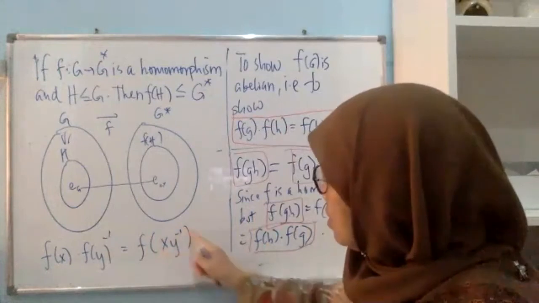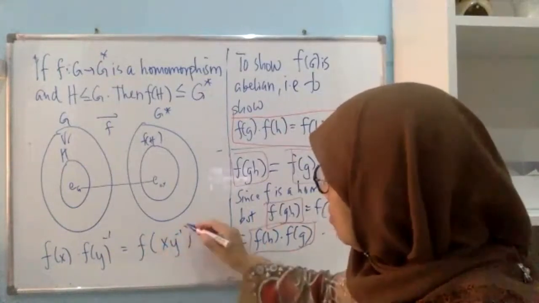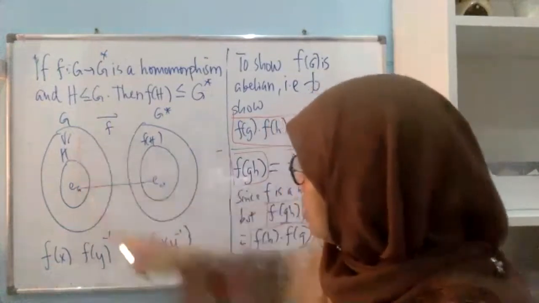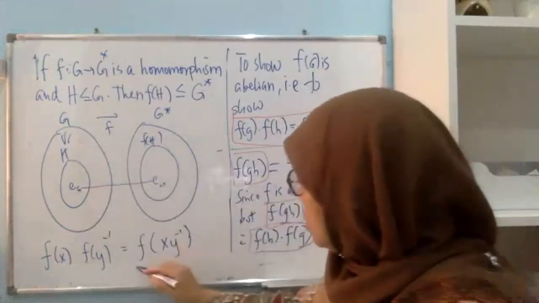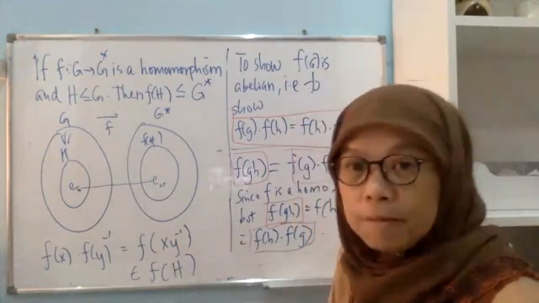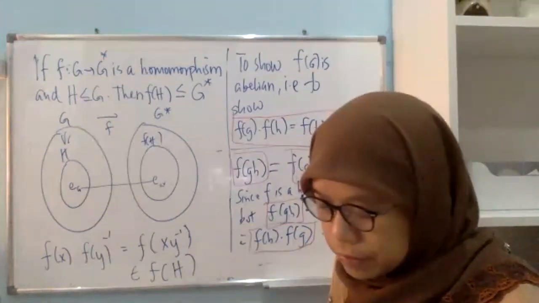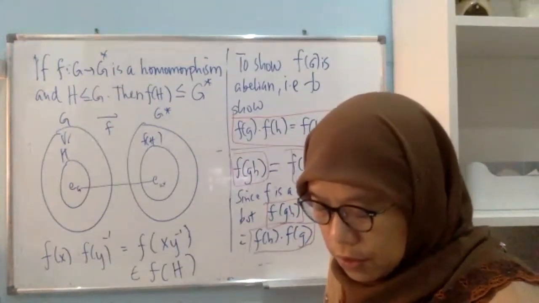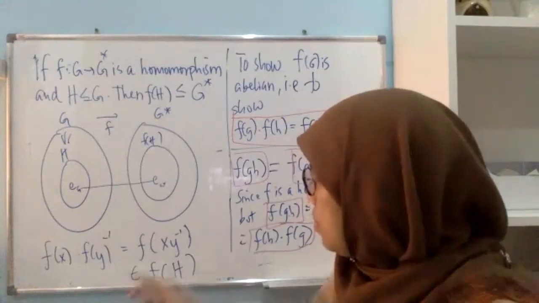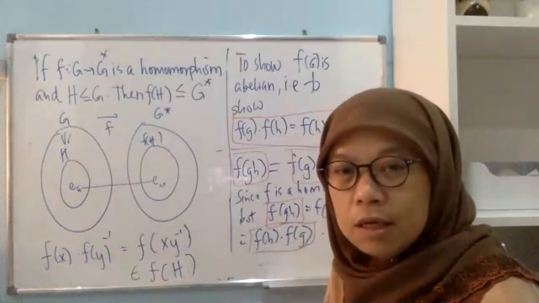This is in H because H is a subgroup. So this is in H, so this is also in f of H. Okay, one-step subgroup test. You can bring this outside and inside also by the homomorphism.